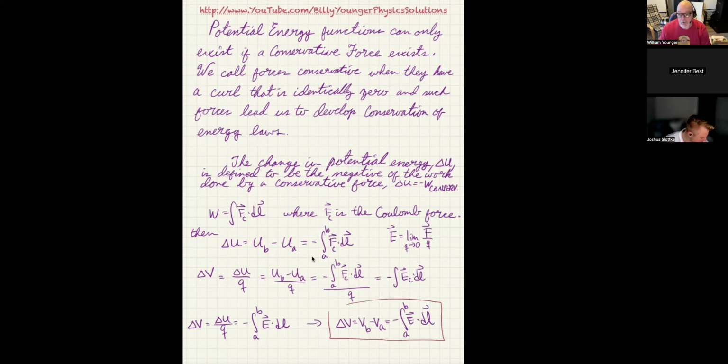So this is what we're going to use later when we consider a capacitor and we want to calculate the voltage between the two plates. This is how we'll do it. The change in voltage is equal to the negative integral of E dot dl.